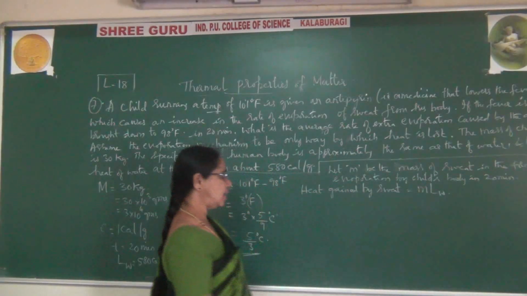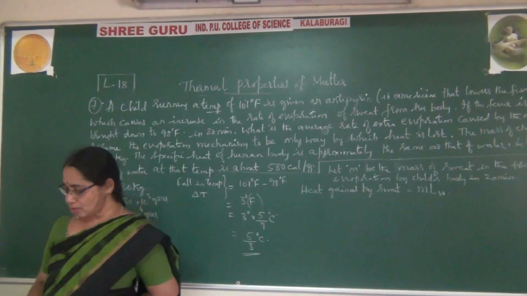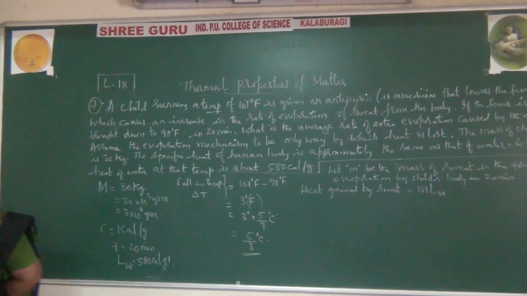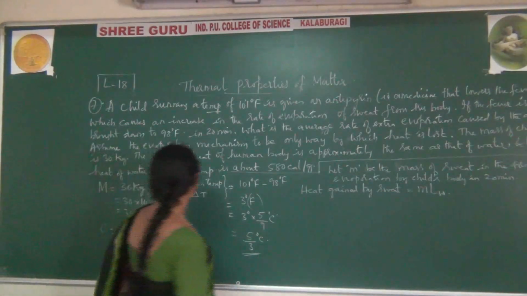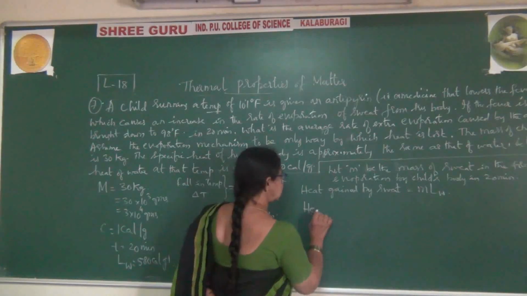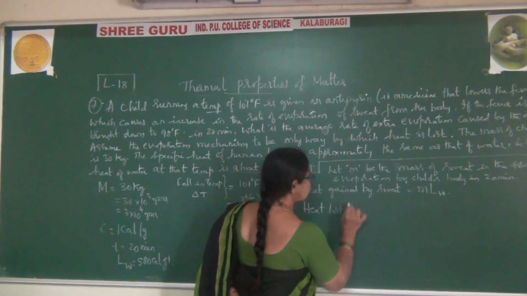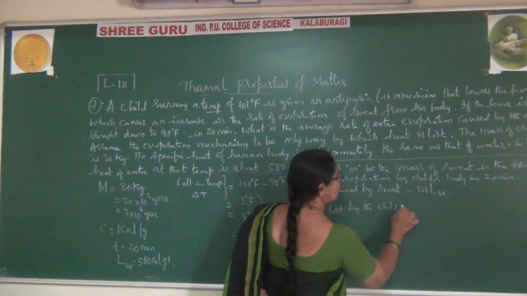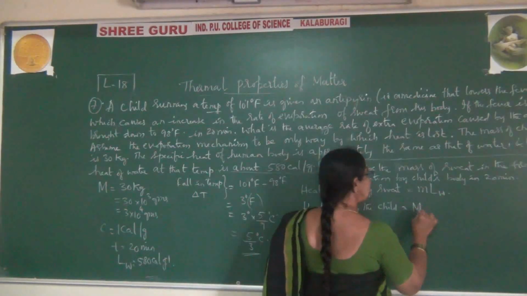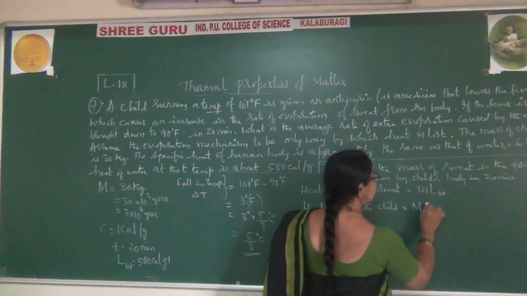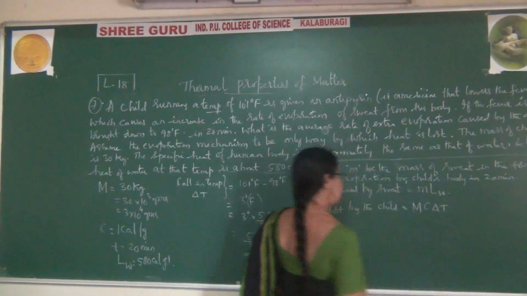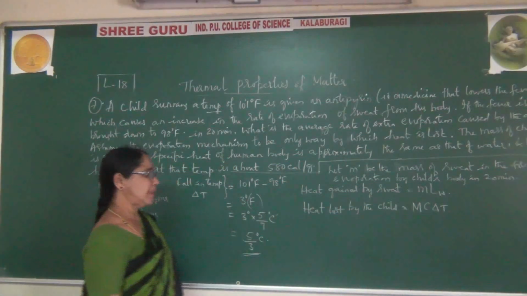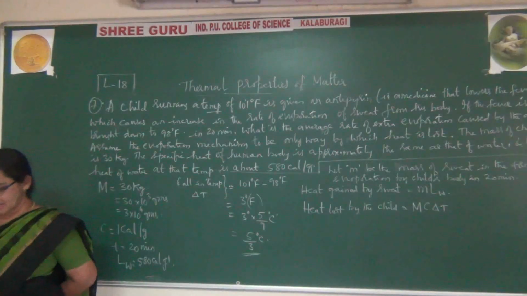Okay, now heat gained, you have written MLW. And what is the heat lost by the child? Heat lost by the child is equal to M, let me write capital M, C delta T. What is this capital M?